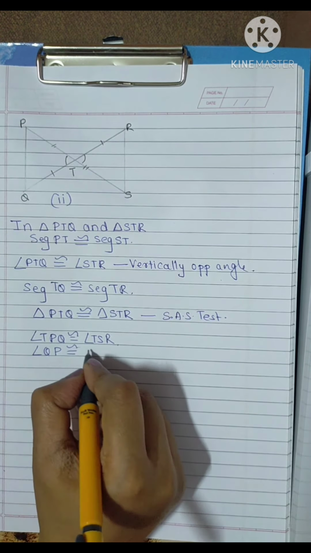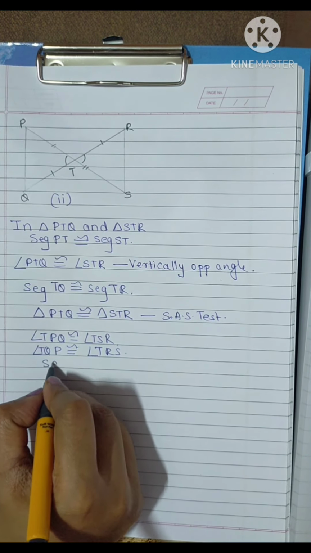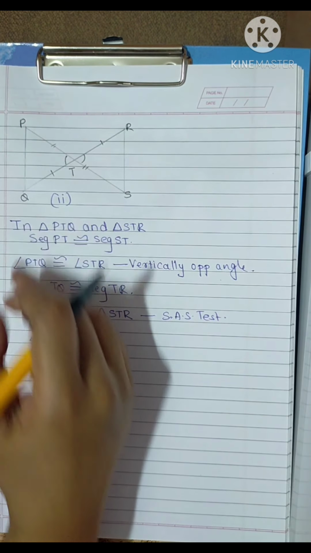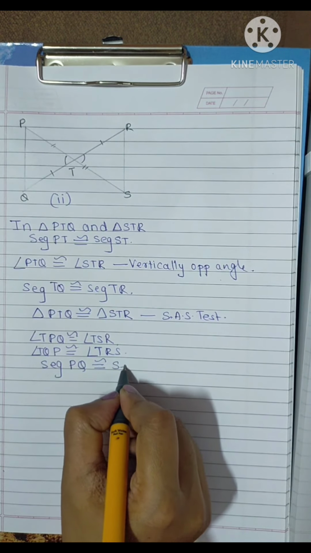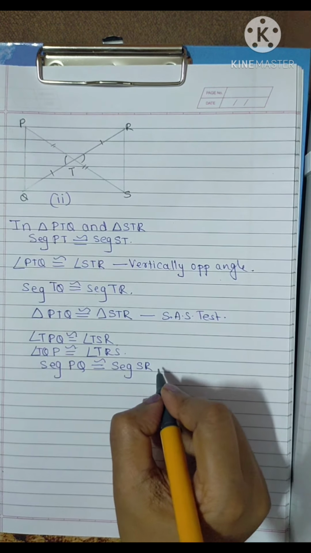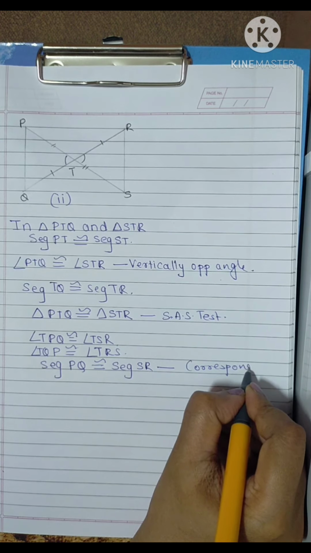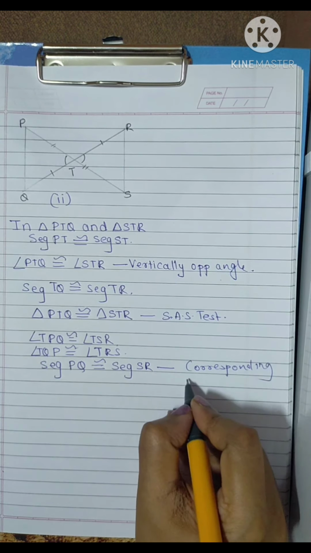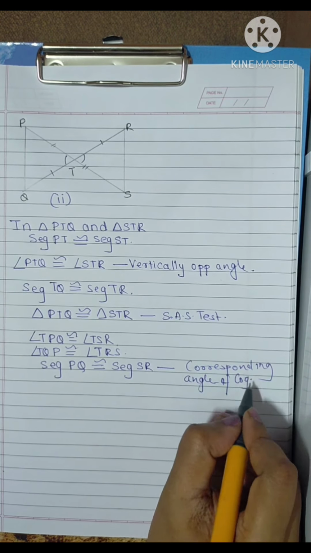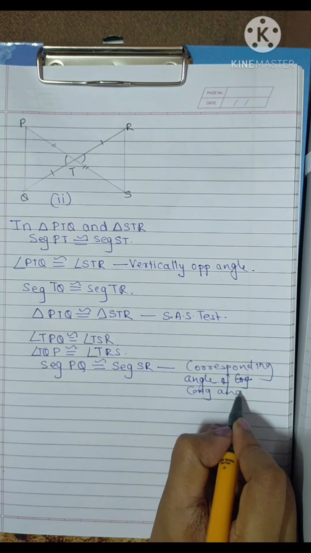Triangle TQP is congruent to triangle TRS. Segment PQ is congruent to segment SR because of corresponding angles of congruent angle.